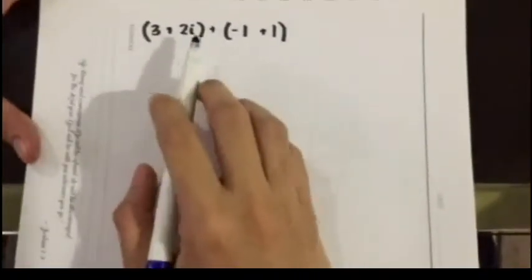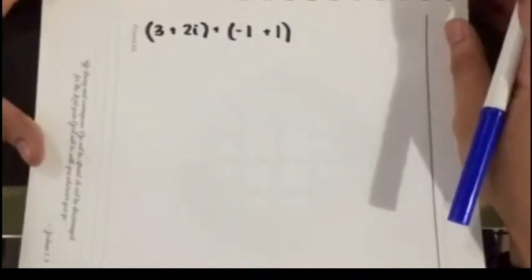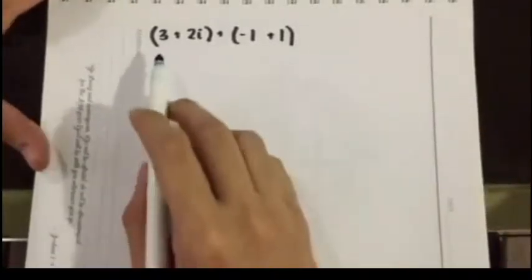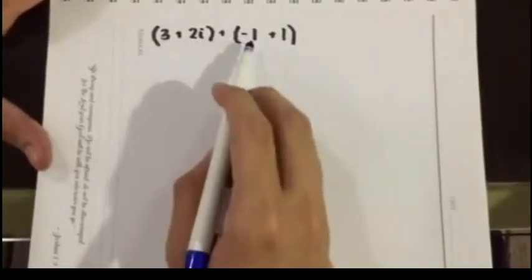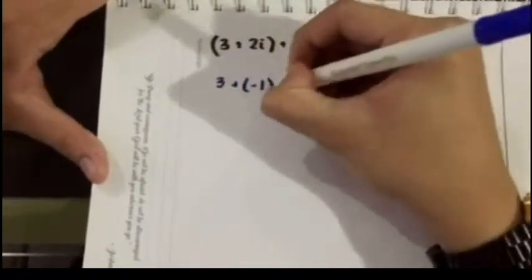So here we have the example (3 plus 2i) plus (negative 1 plus i). Adding complex numbers is like adding a normal expression. First, we must add the real numbers: 3 plus negative 1.